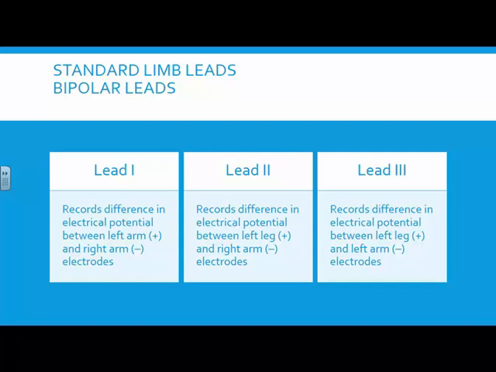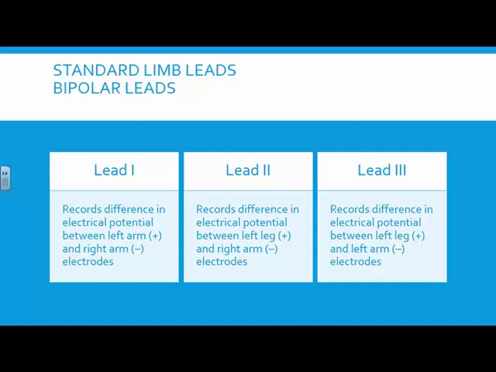As I'm running away, I'm going to get smaller. And I think getting bigger is positive, getting smaller is negative. So as that current comes towards that positive lead, we're going to have a positive deflection. As it goes away, we're going to have a negative deflection.